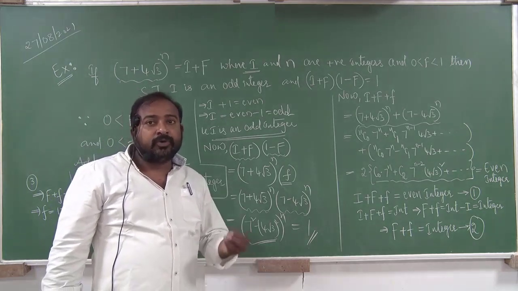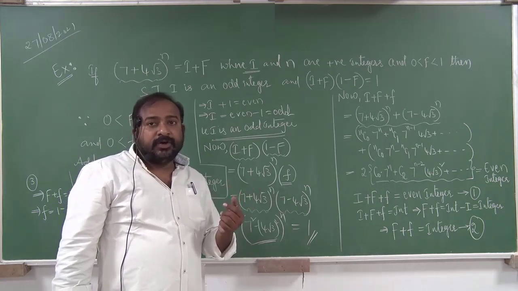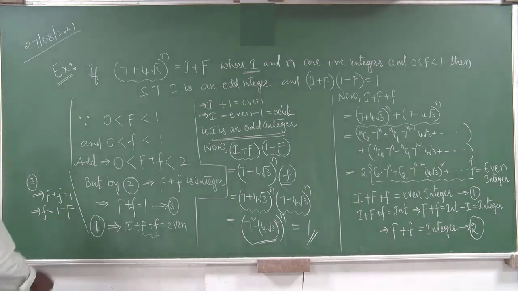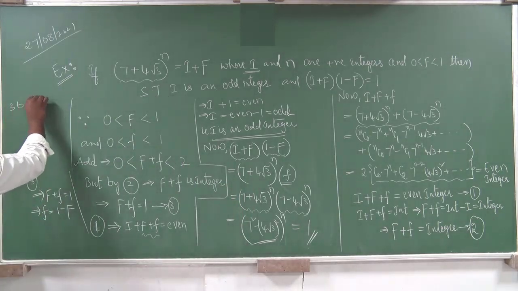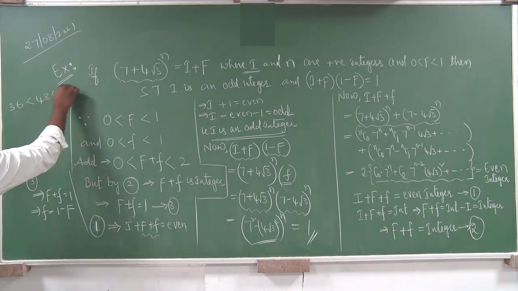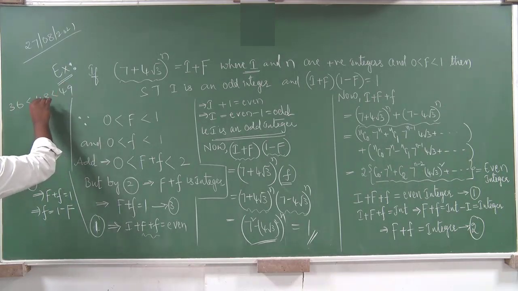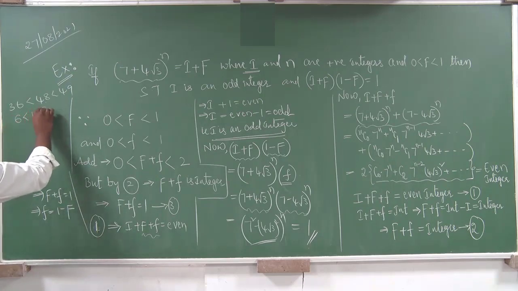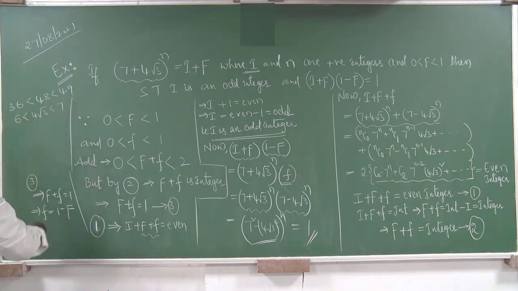How can I estimate the 4√3 value? First square it. (4√3) square means 48. So 36 is less than 48, which is less than 49, the perfect squares immediately below and immediately above this number. Then 6 is less than 4√3, which is less than 7.